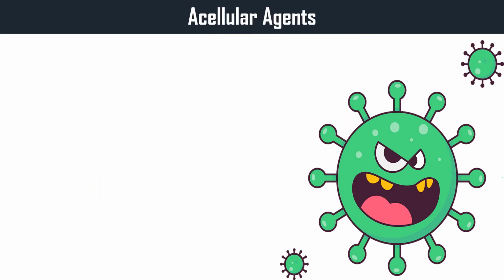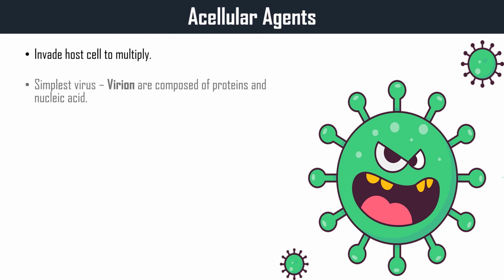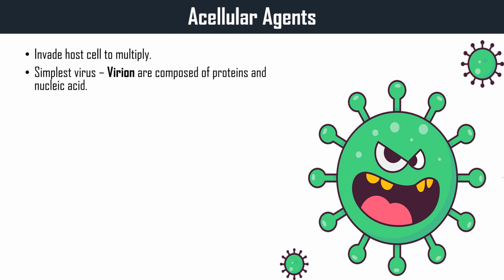Next, we have acellular agents. Viruses are acellular entities that must invade a host cell to multiply. The simplest virus particles, also called virions, are composed only of proteins and nucleic acid and can be extremely small. The smallest is 10,000 times smaller than a typical bacterium. However, their small size belies their power.